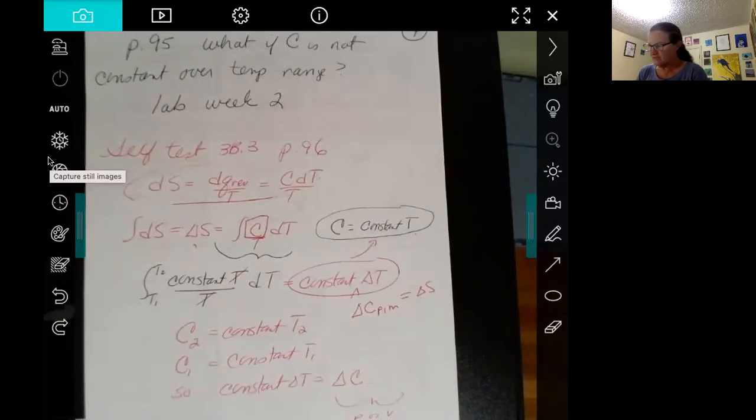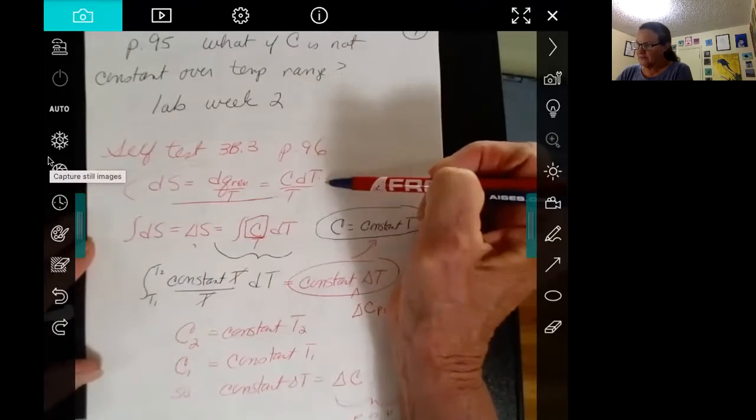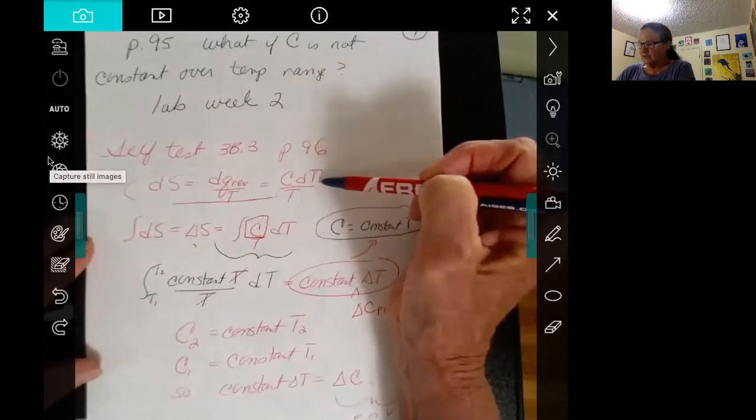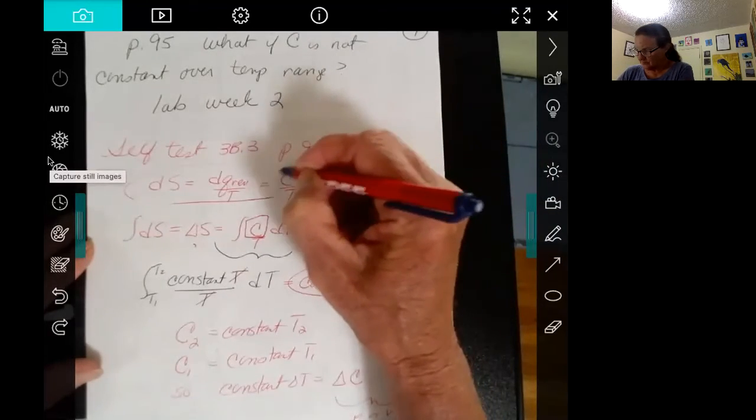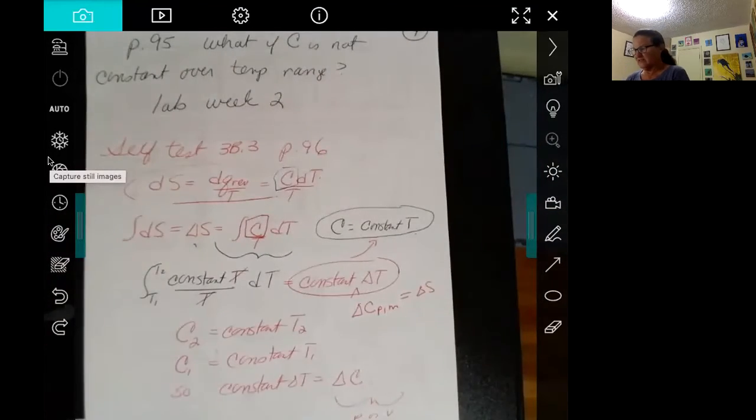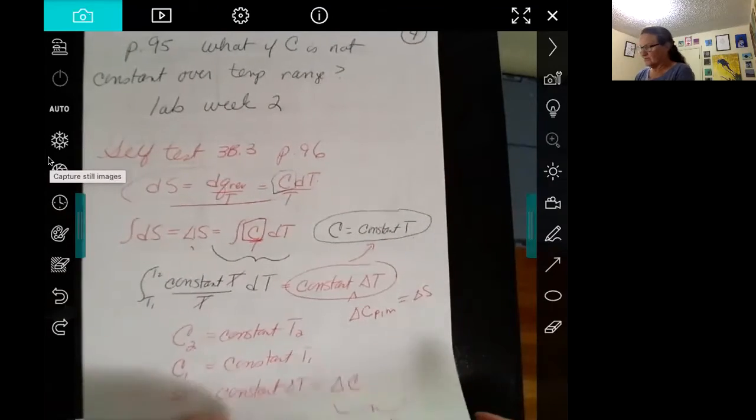So you can have lots of different functional forms for the heat capacity and how it changes with temperature. And when you have a different one from what we've already used, you have to go back and reintegrate, taking into account that C is a function of T, and then figuring out how that function integrates when you divide it by T.